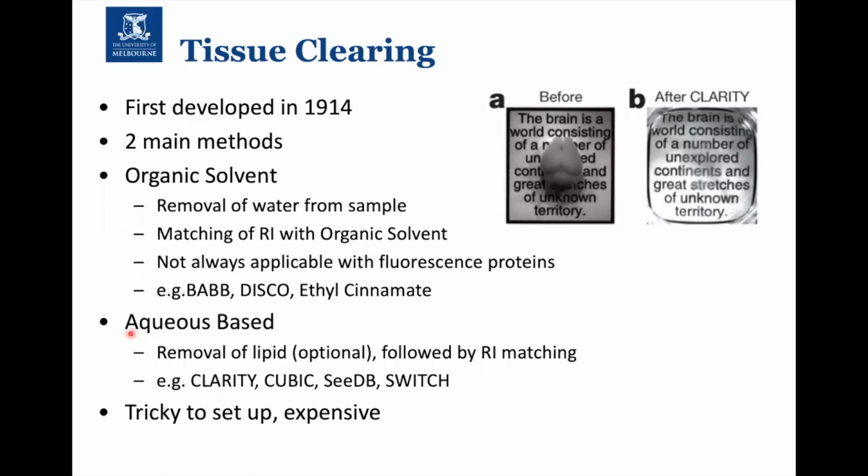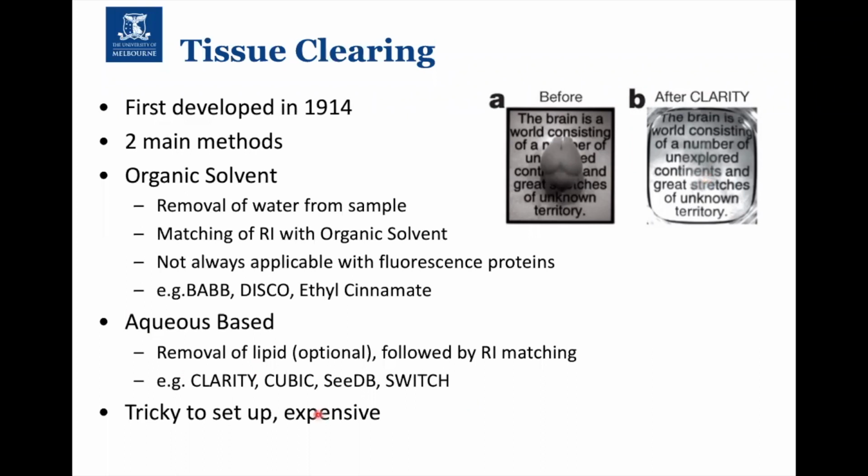Or there are aqueous-based methods which can involve removal of lipids, and again, refractive index matching. These can be sugar-based methods like CDB, or things like Clarity, where you embed your sample within a matrix. And this is an example up here of a brain pre-clearing and post-clearing with the Clarity approach.